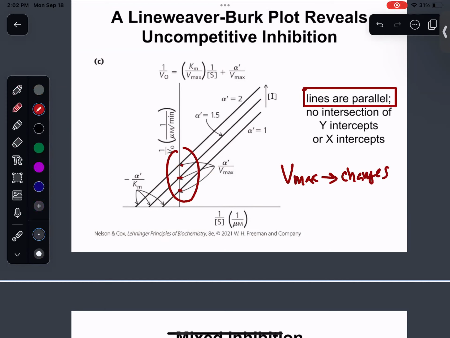If they were all touching this blue dot here, then the Km would be the same, but they're not. They're all at different parts on the x-axis, meaning what? Yes, lovely: Km, or apparent Km, changes as well.